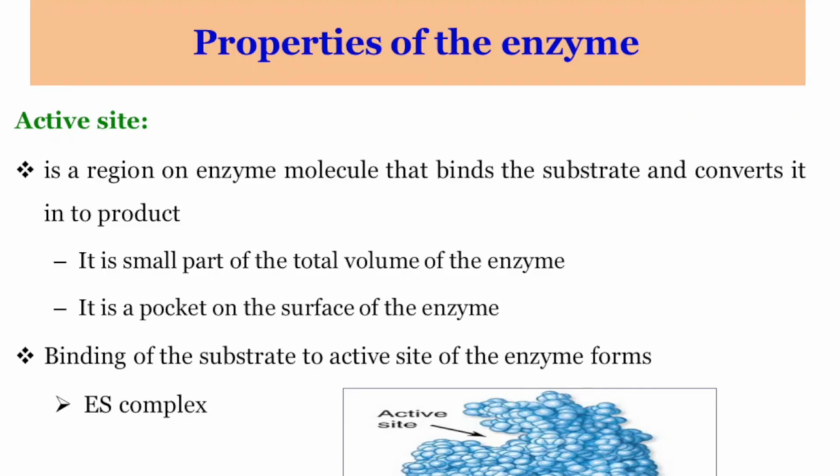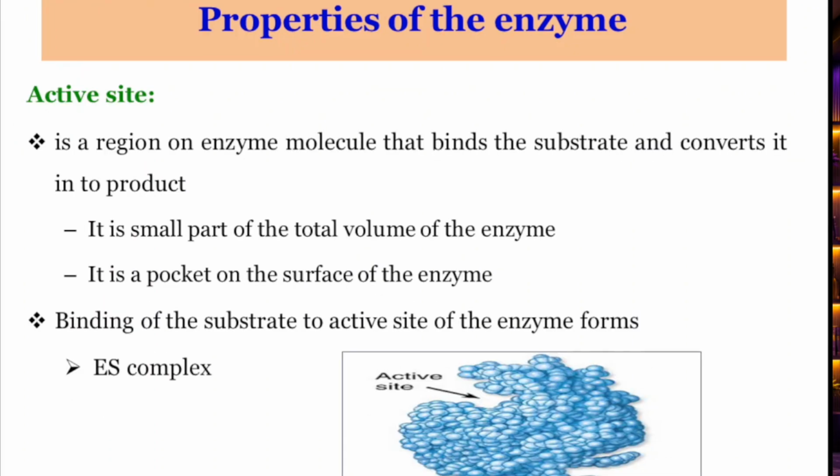It is a pocket on the surface of the enzyme. Binding of the substrate to the active site of the enzyme forms the enzyme substrate complex. This active site forms the three-dimensional structure for the substrate to bind to it. It is specific. When you say specific, it may be bond specific, stereospecific. Also, it has many specificities.